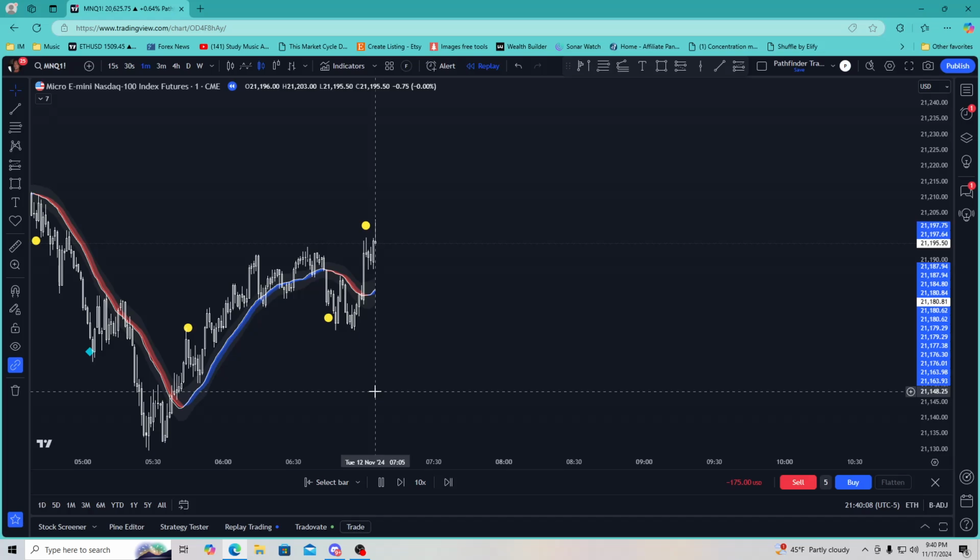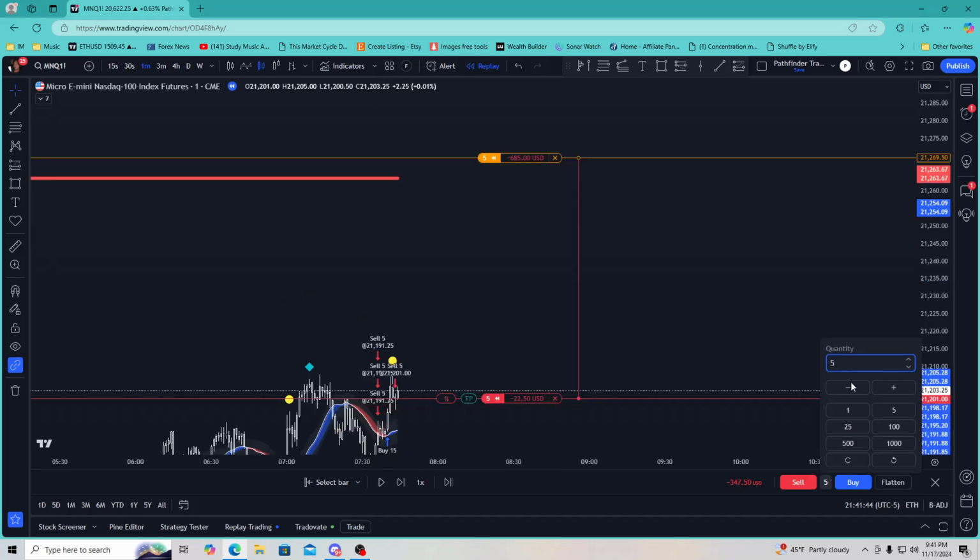How much risk is that? It's quite a bit of risk, so you're risking a lot depending on your account size. Risking a lot at that lot size, so you'd have to lower it. You would lower it a bit, maybe we close 2 of it. So that would be acceptable.